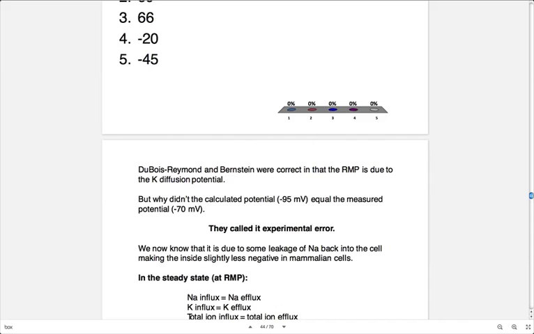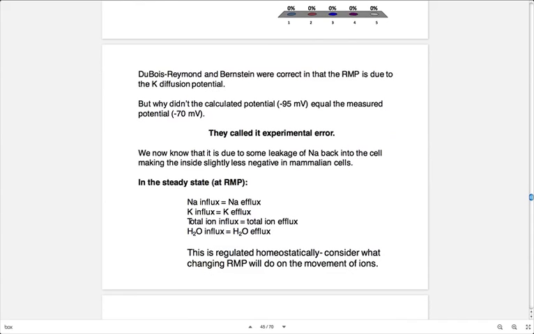It turns out that at the same time that some potassium is leaking out, some sodium is leaking in. The positively charged sodium leaking in somewhat counterbalances the potassium leaking out. You have more potassium leaking out and a little bit of sodium leaking in, and this balance sets the equilibrium potential of the membrane at about -70.